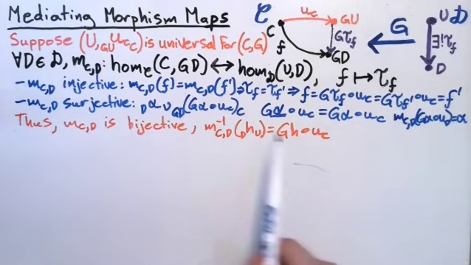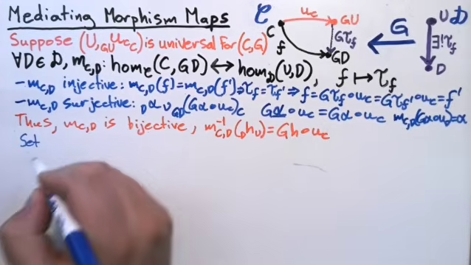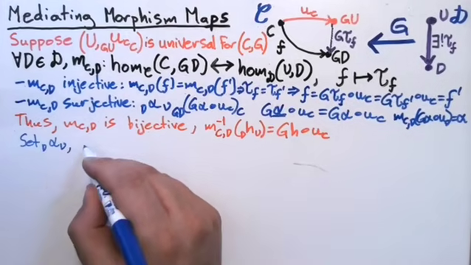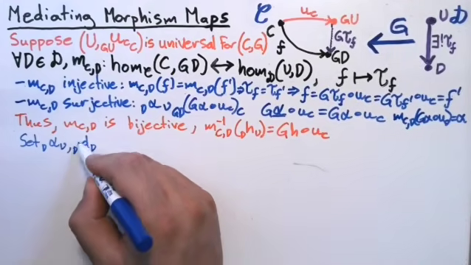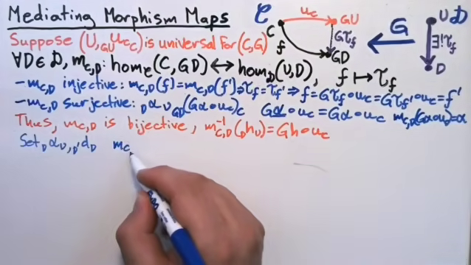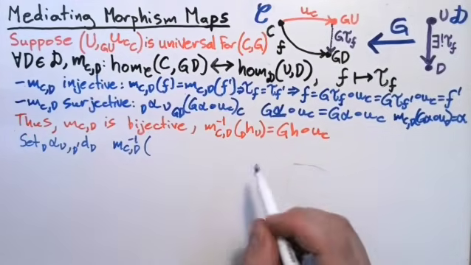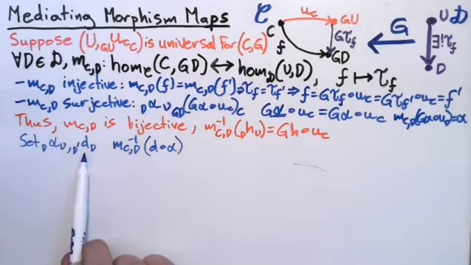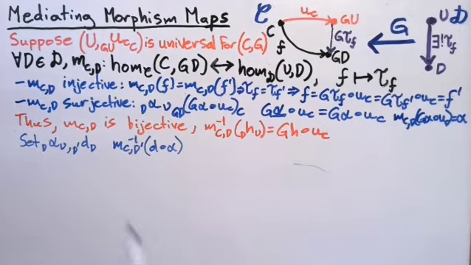Now, what happens if we apply this formula to a composite morphism? So set alpha to go from U to D again. And let's also add a morphism D going from D into D prime. Then this formula becomes MCD inverse, but if it's applied to D after alpha, then D goes into D prime. So this is actually going to have to be MCD prime inverse.